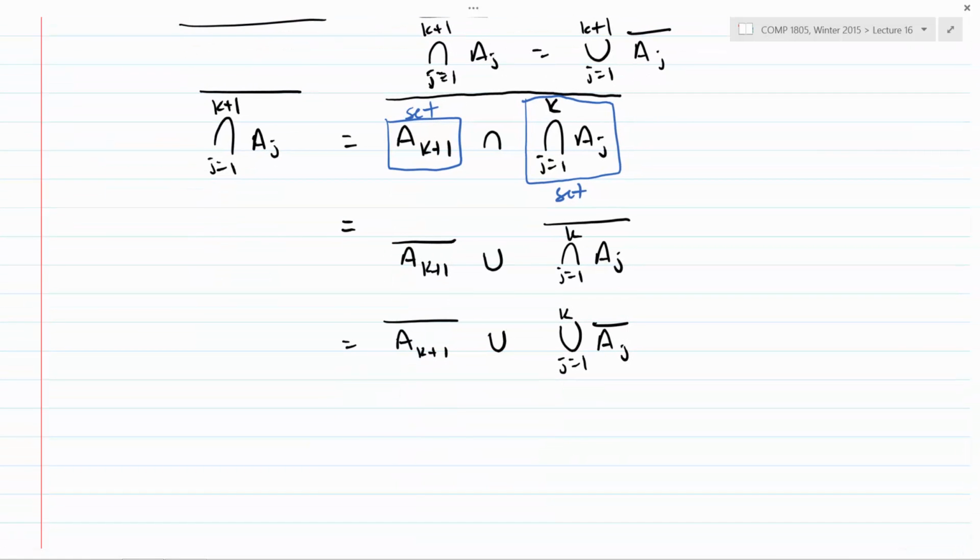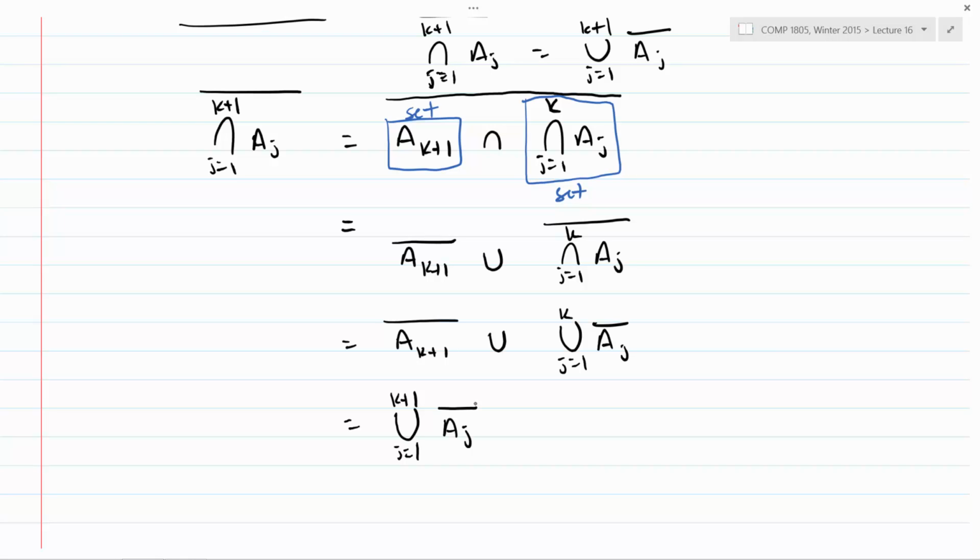So now I'm in pretty good shape because this is a union and these are all unions. So I can write this exactly the same as the union from j equals 1 to k plus 1 of aj complement. Over here it's just to k, but I'm also going to union on this set right here. Does everyone see how I did that? I'm just incorporating that last set into my big union.